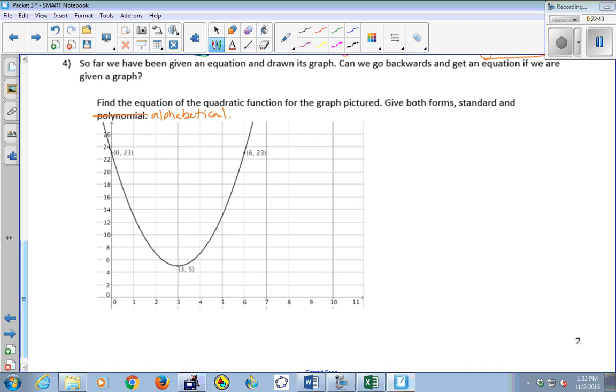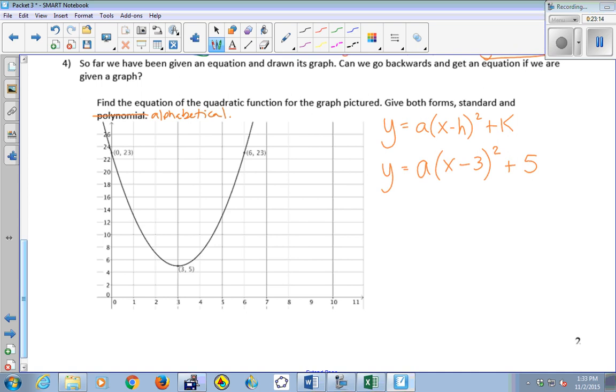And so that means I'm 2/3 done with standard form, right? I know h and k. So I'm going to write down the standard form, the general form of it. They gave me h and k, the vertex. So I don't know a yet, but I know that h is 3 and k is 5. Okay. So I know all but one thing.